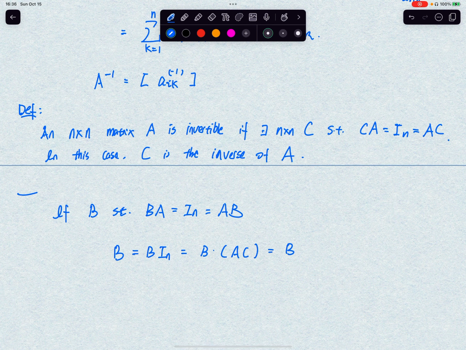And it equals B times A, then times C. We know B times A is I_n, so that is I_n times C equals C. So we know that once a matrix has an inverse, it is unique. And the unique inverse is denoted by A to the inverse.